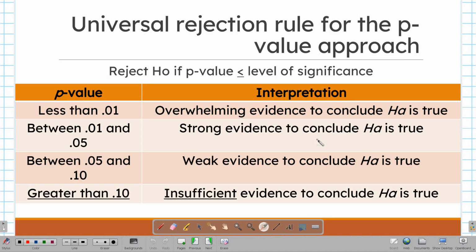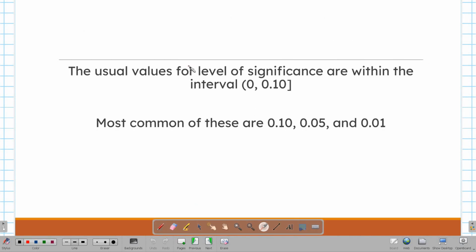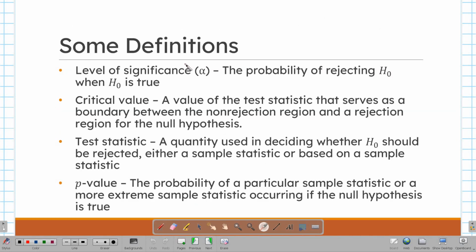For the p-value approach, it's just one rule: reject H0 if the p-value is less than or equal to the level of significance. Why is that? Going back to the definition, if the null hypothesis is true, the p-value is the probability of the particular sample statistic that you computed happening.